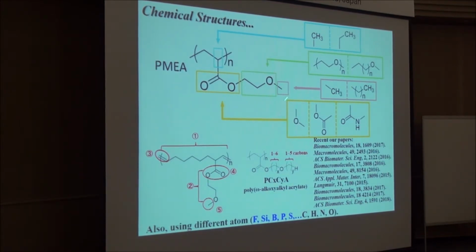This is a typical example, PMA. If you focus on the main chain, we can switch from the normal acrylate to this. And if you focus on the side chain spacing against the main chain, on the spacer length, we can change it very easily.